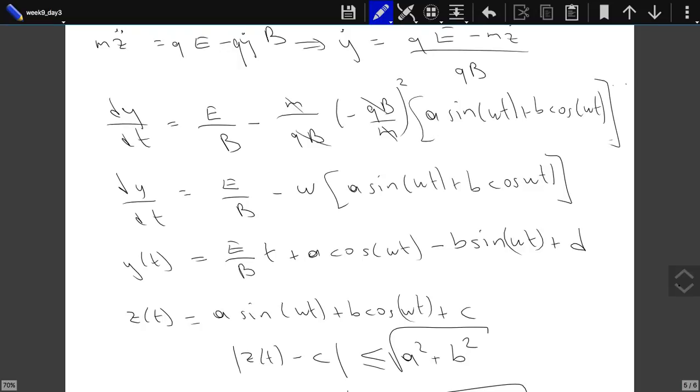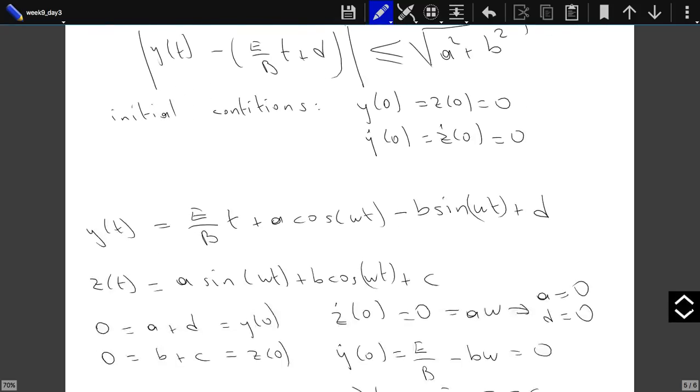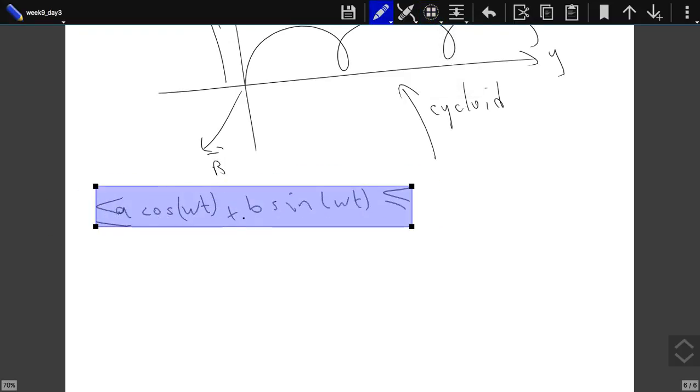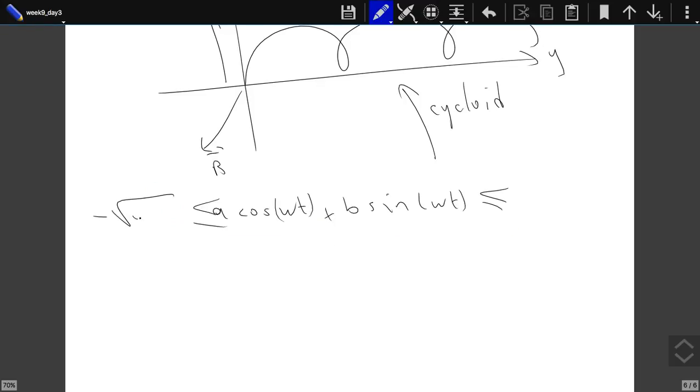So we know y of t, we know z of t is a function of time. Well, there are certain general things we can say about this motion without really knowing what the initial conditions are. You see, if you have a cosine omega t plus b sine omega t, this function is always between minus square root of a squared plus b squared and plus square root of a squared plus b squared.